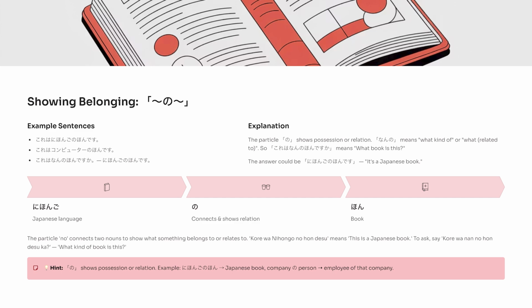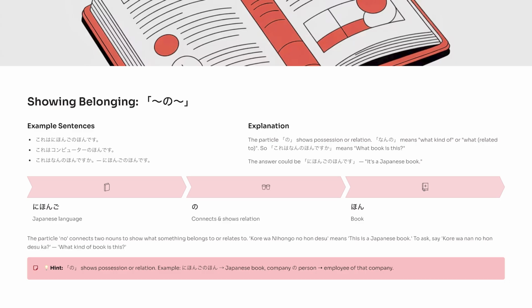Next, let's talk about the particle の, one of the most useful in Japanese. の connects two nouns to show belonging or relation, just like of or 's in English. For example, これは日本語の本です. This is a Japanese book. これはコンピューターの本です. This is a computer book.